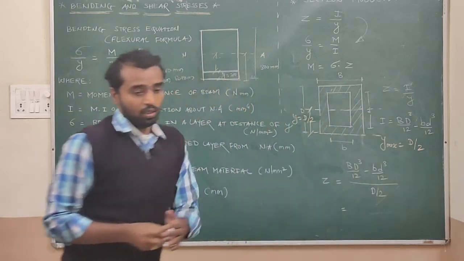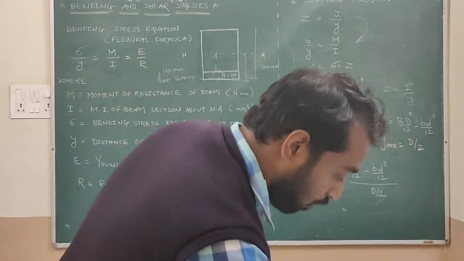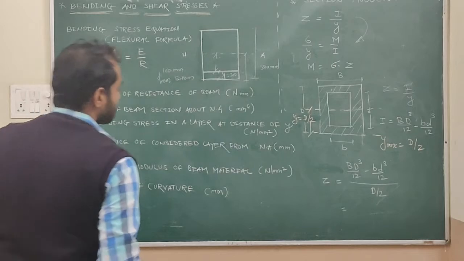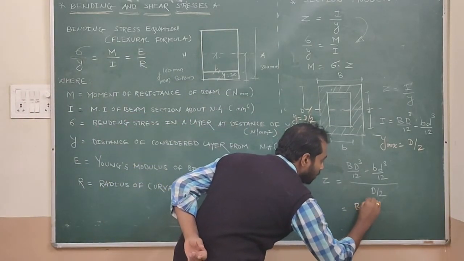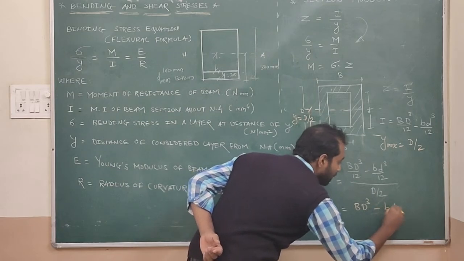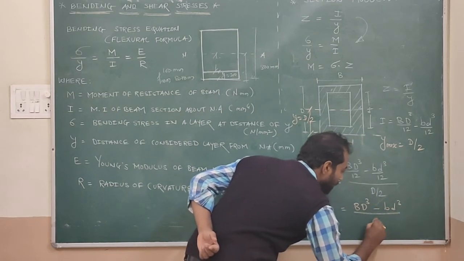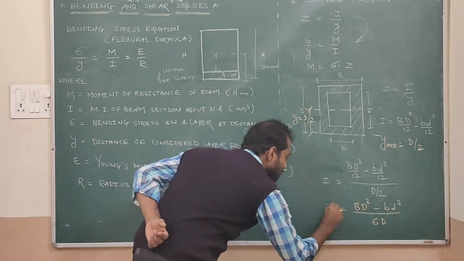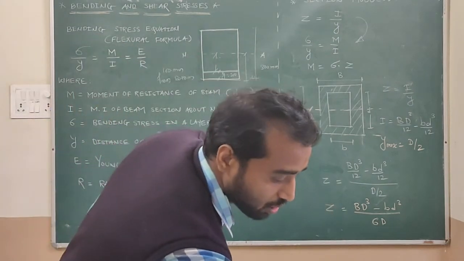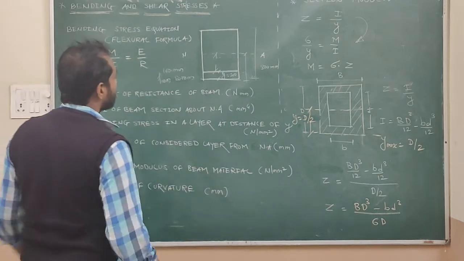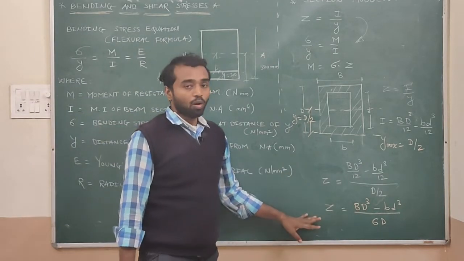So you will get the formula as (B D cube minus b d cube) divided by 6D. So this is the section modulus formula for a hollow rectangular section.